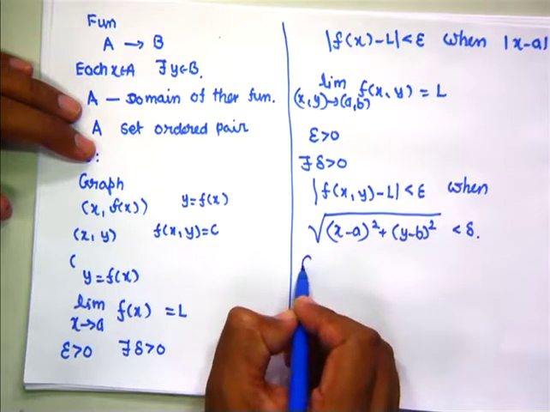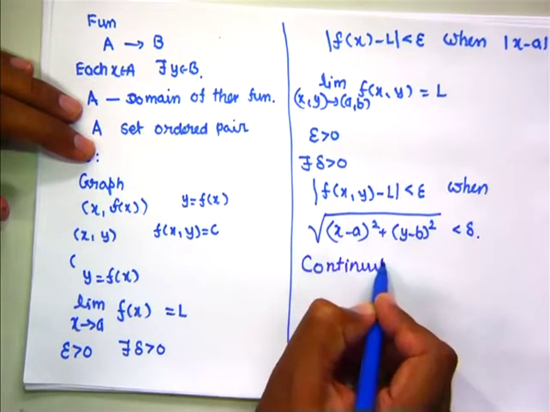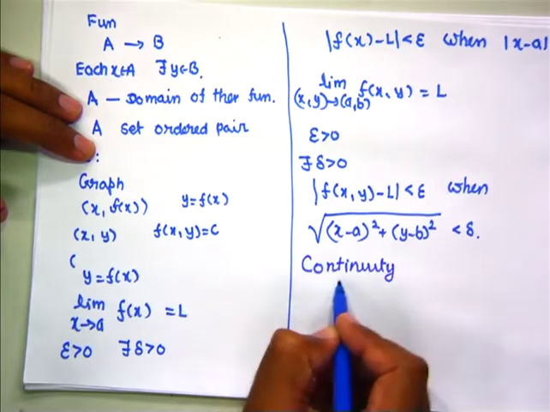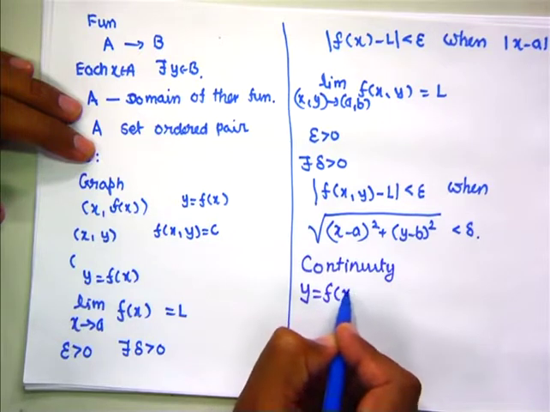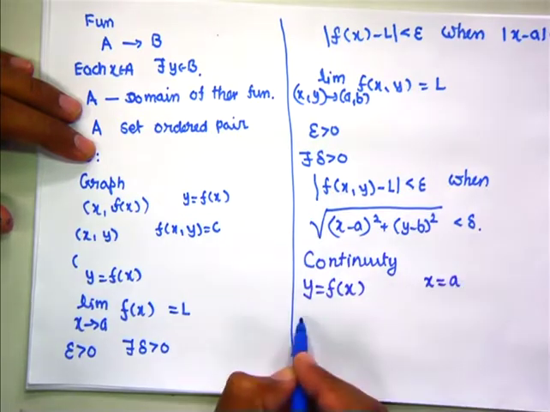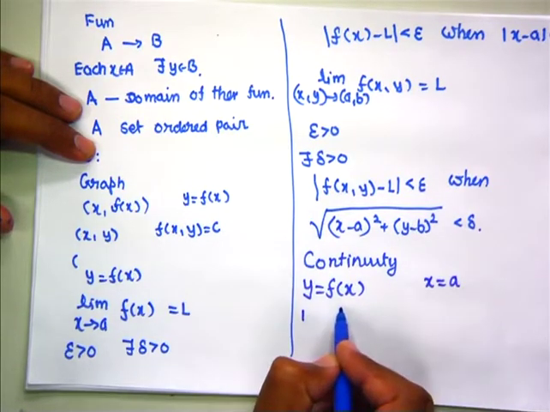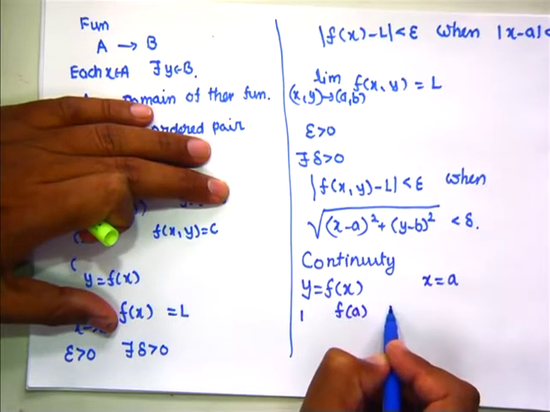Now continuity of the function. A function y = f(x) is said to be continuous at x = a if three conditions are satisfied. First, the value of the function at a is defined.